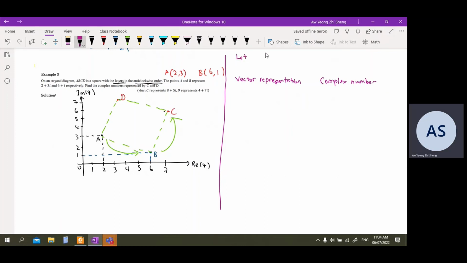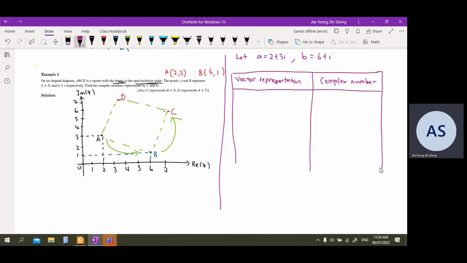I will let small letter a be 2 plus 3i, and I let small letter b denote 6 plus i, just for convenience. Because when I construct this table, usually I don't like to do calculations in it. I just want to obtain some expressions in terms of a and b, and I prefer to do calculations at the very end.